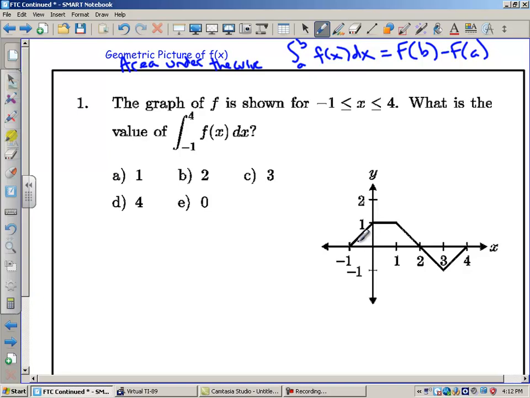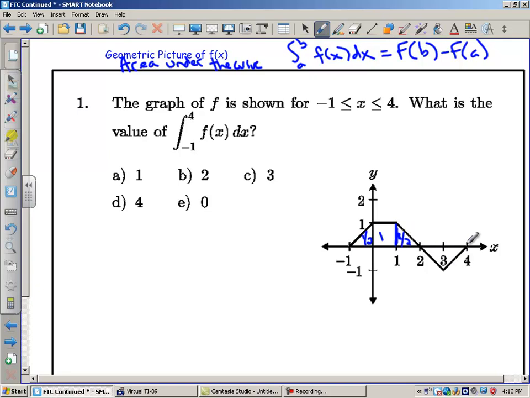I have a triangle. This triangle has a base of 1 and a height of 1, and so its area is 1/2. I can break this up any way I want. Then I've got a 1 by 1 rectangle. That area is 1. Then I've got another triangle that has an area of 1/2. Now down here, this is tricky.